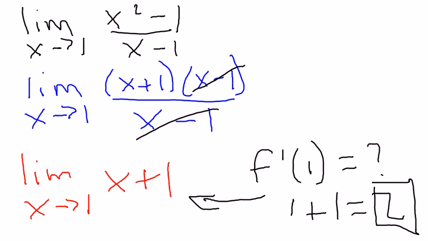Well, it means that the slope of the function x squared plus 4 at x equals 1 is 2. So the slope is 2 at that point. Now this is a long-handed version of finding the derivative. There's a shortcut that you can use to find the derivative, but that's later down the road.